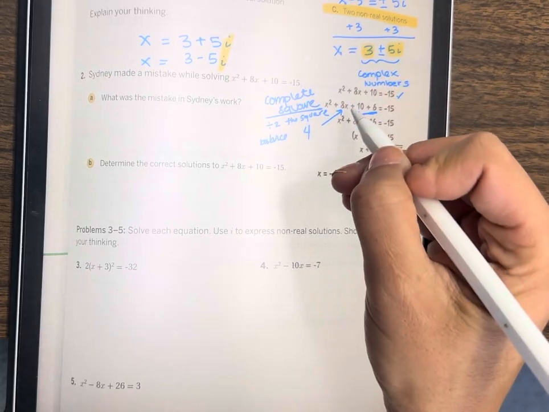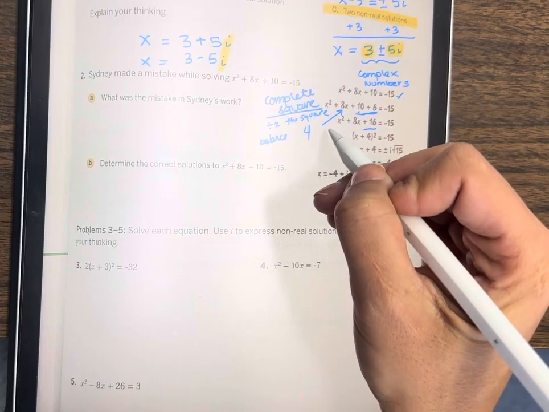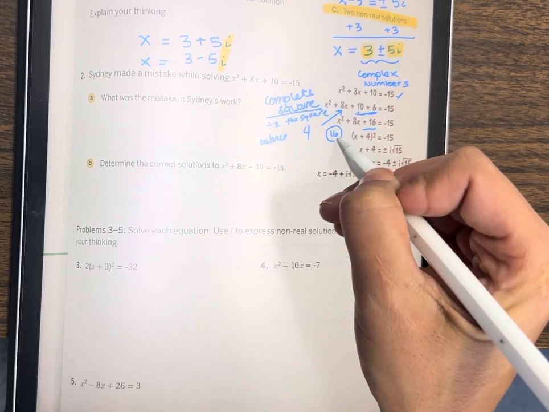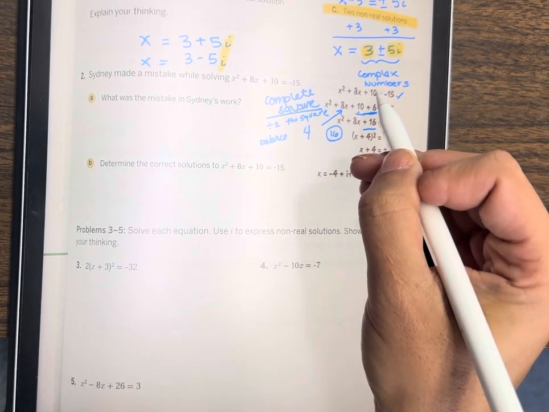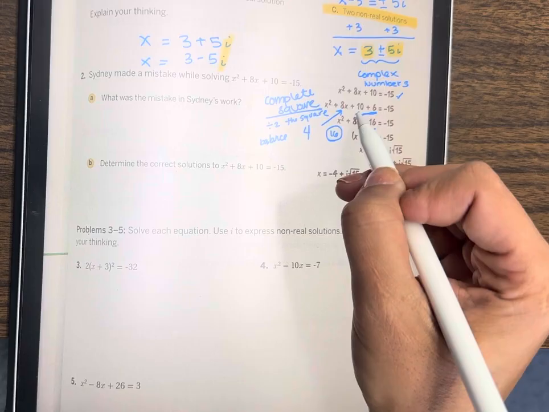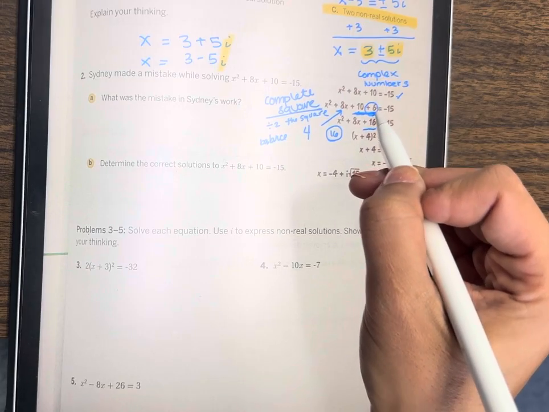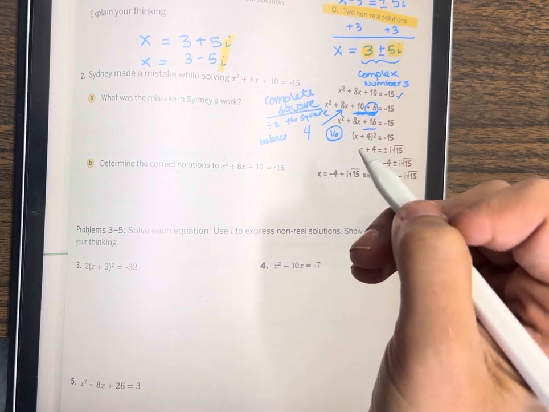So Sydney divided the 8 by 2, got 4, squared it, got 16, and then decided instead of adding 16, I already have 10, I'm just going to add 6 more. So it's a little different than the way I showed you in class, but it works. Added 6. So far so good.